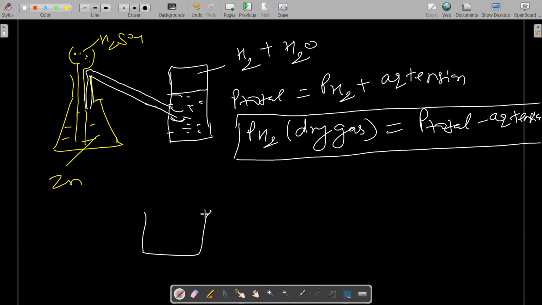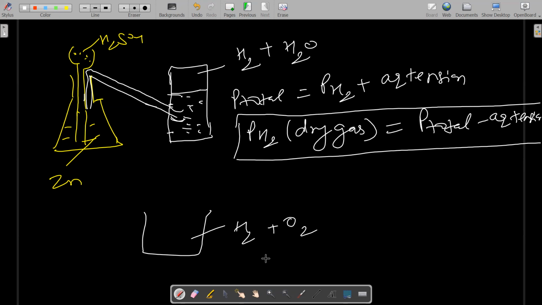Suppose you are taking a container in which hydrogen and oxygen gases are there. If the condition is such that they can react, then the partial pressure law will not apply. The gases should not react with each other; they should be non-reacting gases.